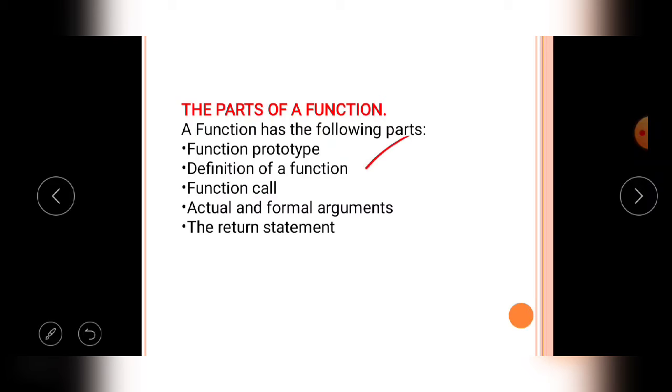That is called the definition of the function. Means with the definition of the function only, the user defined function is executed. For example, if you take sum, the sum function will receive two numbers, add the two numbers and return the value. This total is available in the definition of a function.